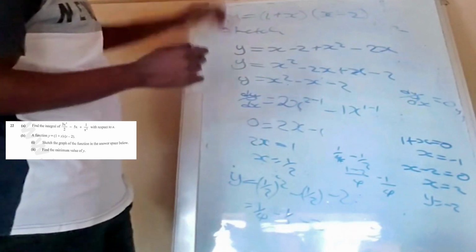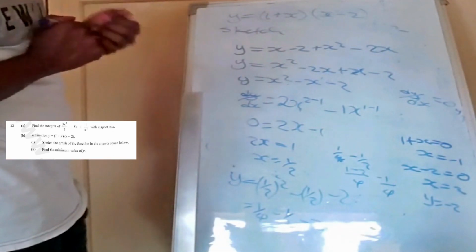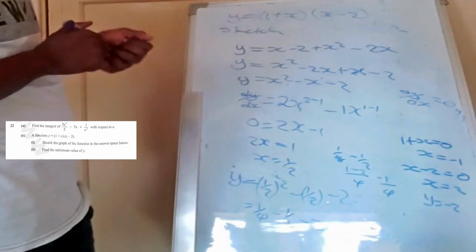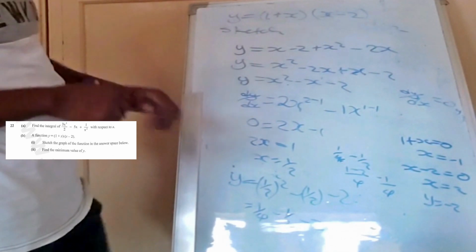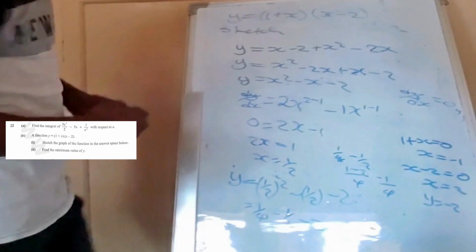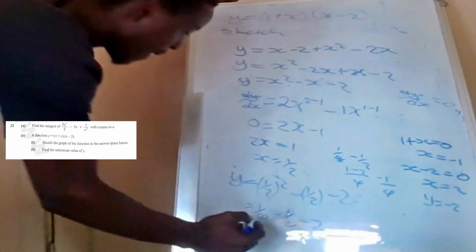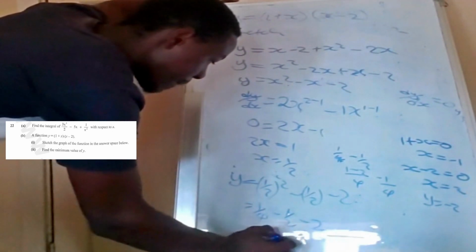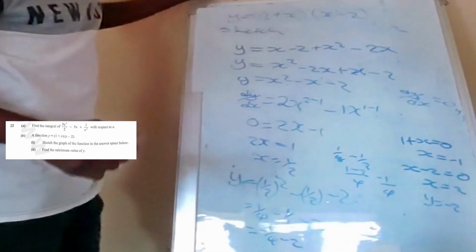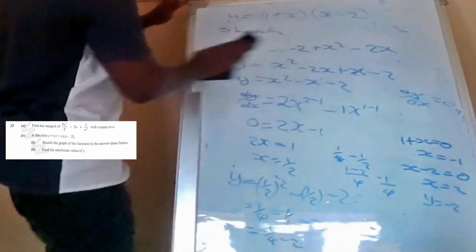So that is what we are getting. Have we done something wrong? Quarter minus half will give us, okay, yes, that is what we will get. So this will give us negative 1 over 4 minus 2. We can erase this.